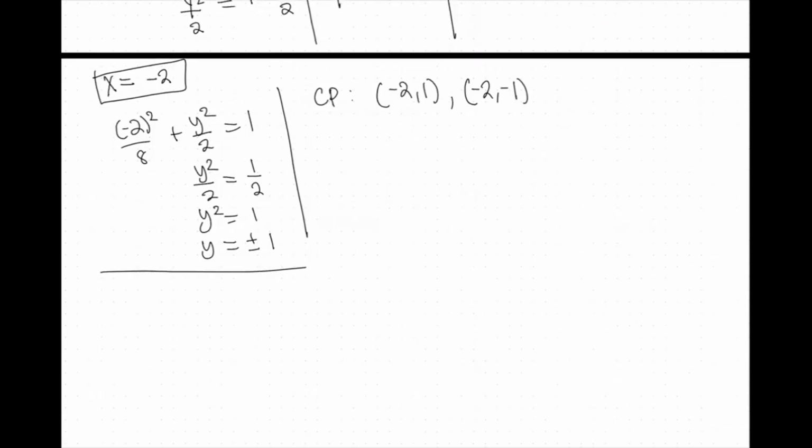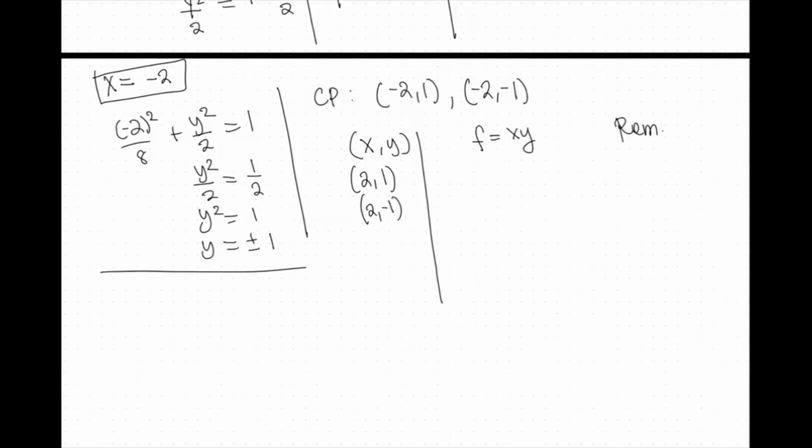So here we have x, y, the critical points, and then the function given by x, y, and then the remark. First we have 2, 1, and then 2, -1, and here we have -2, 1, and here we have -2, -1.